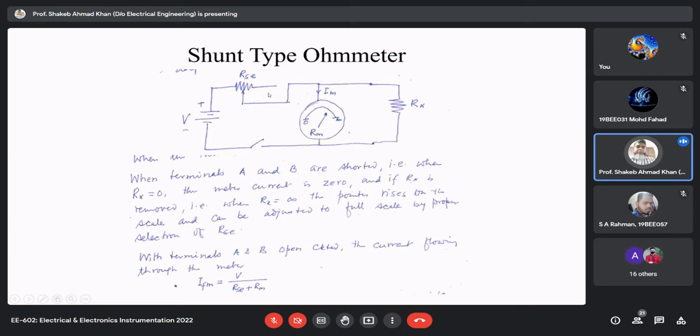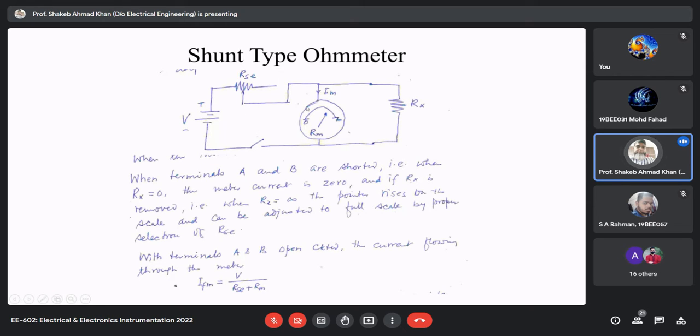When it is open, as far as design is concerned, we have to ensure that the maximum current should be equal to the maximum allowable current through the meter, and that is obviously the full scale current.